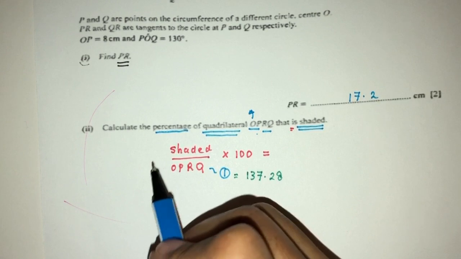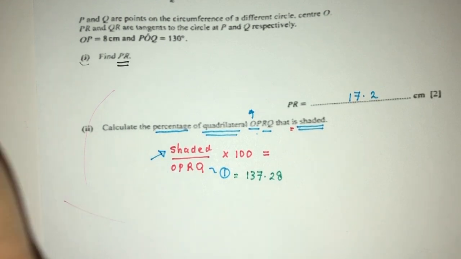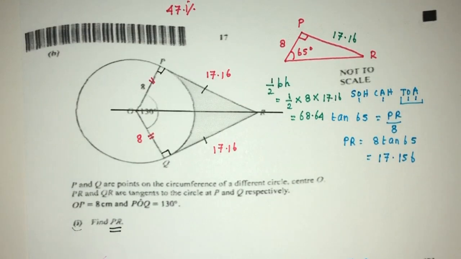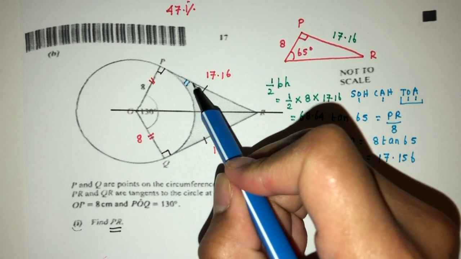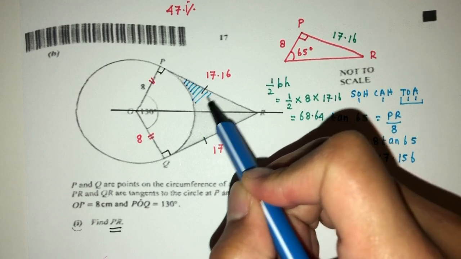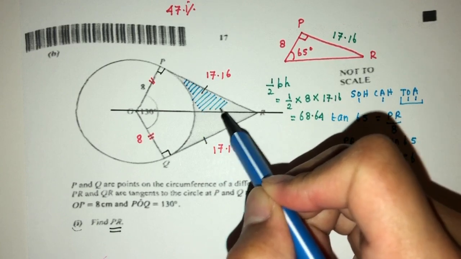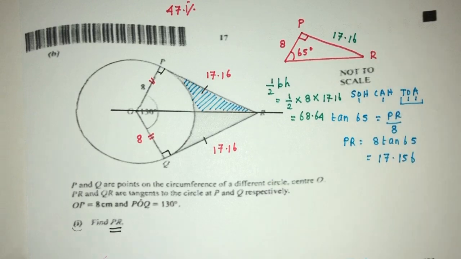Now, how would you find the area that is shaded? So we have to observe what is possible here. To find this region, for example, let's first find this one first. How would you find this?